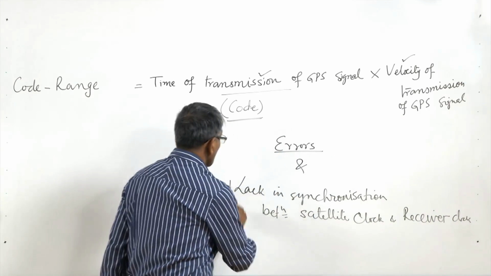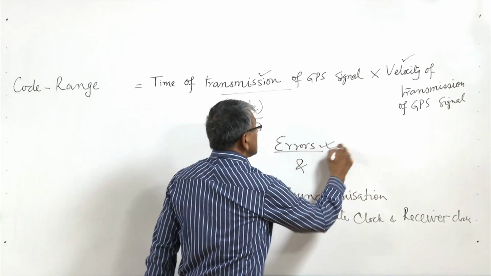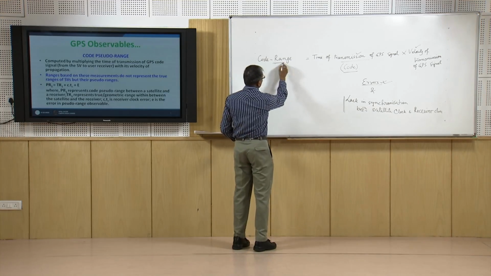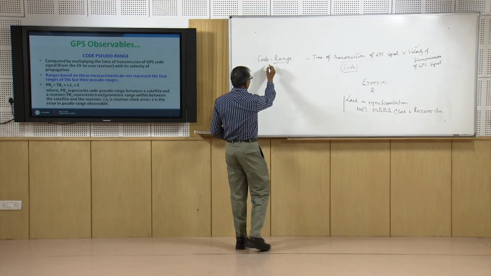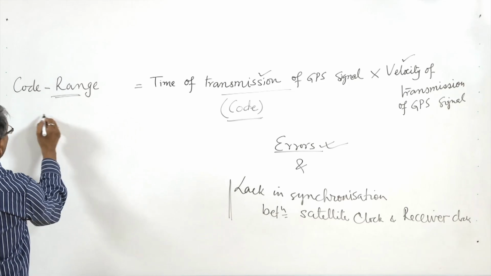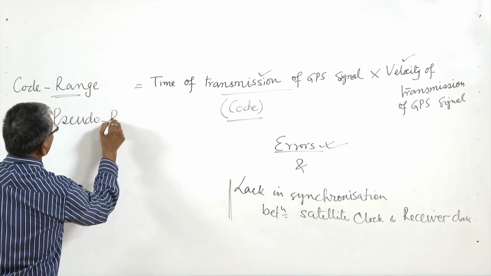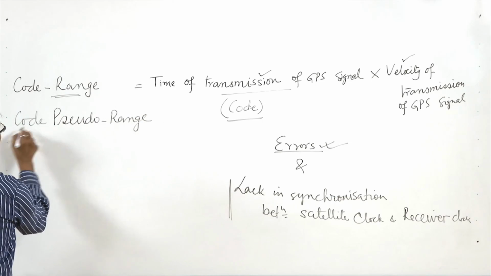Primarily due to this and due to other factors, there will be large errors. So the range which we get from the GPS observable is not the actual range but the pseudo range. It is measured using the code.